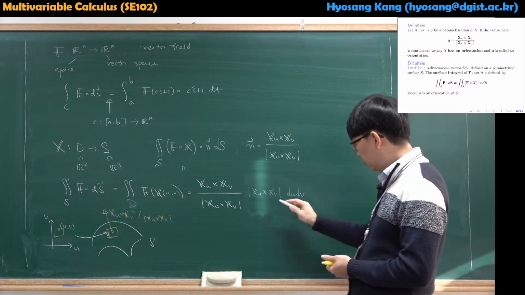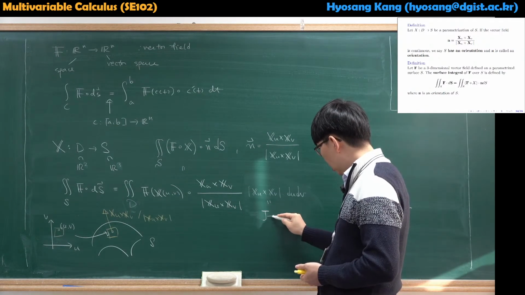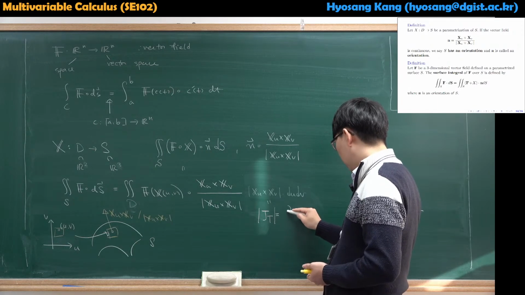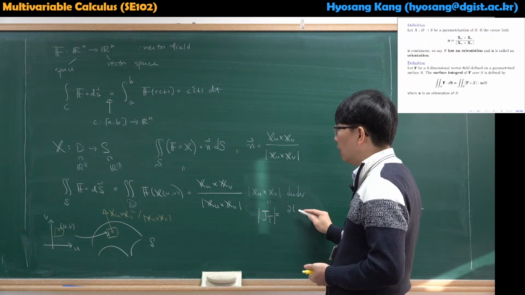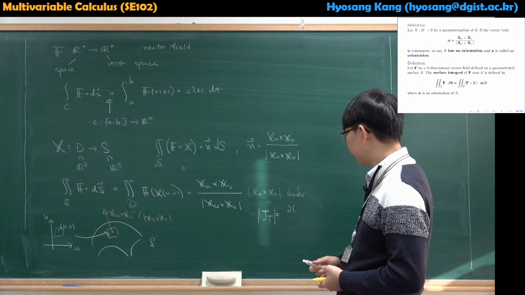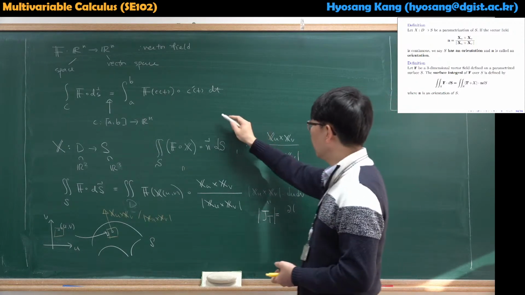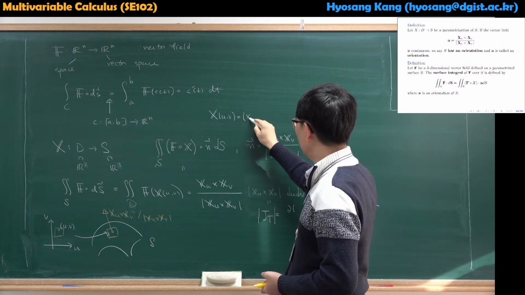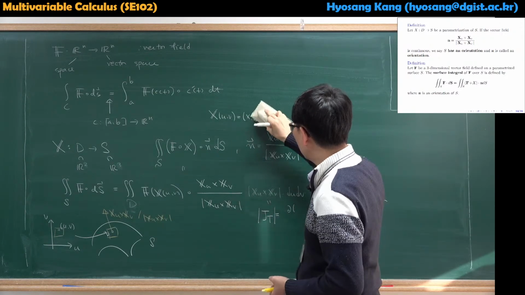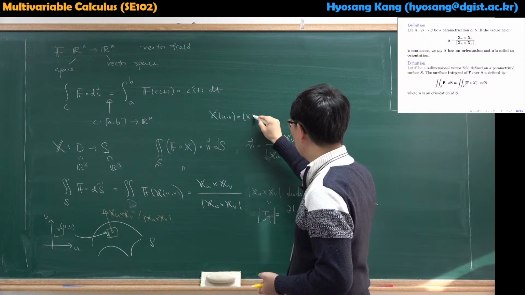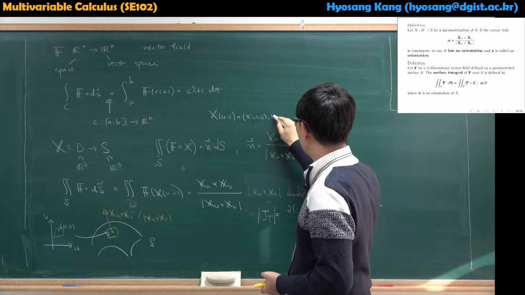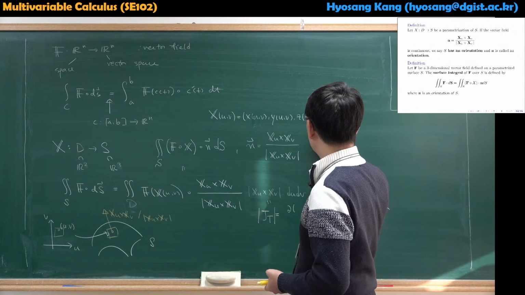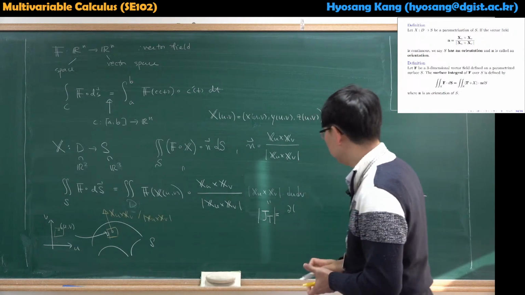So this is actually the absolute value of the Jacobian, where, let me write this, X_uv to be X_uv, Y_uv, Z_uv. Okay.